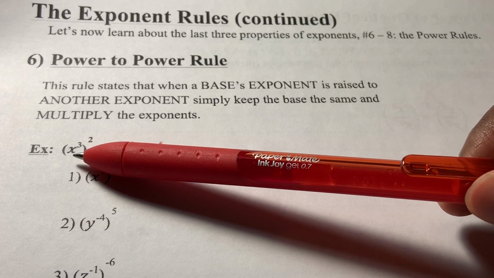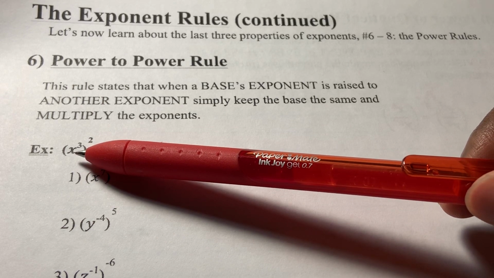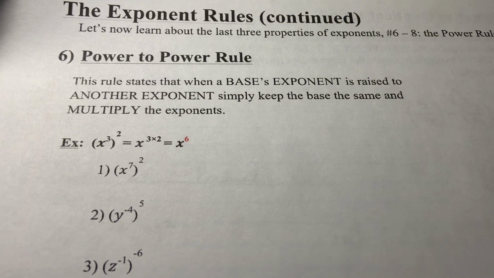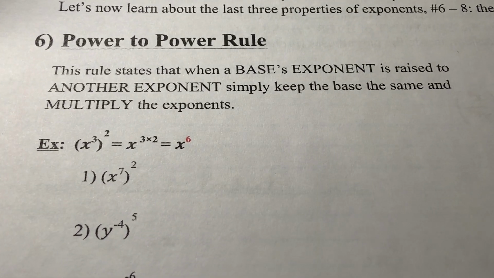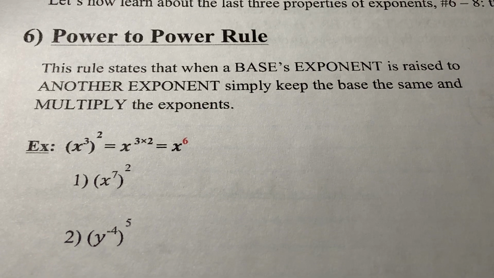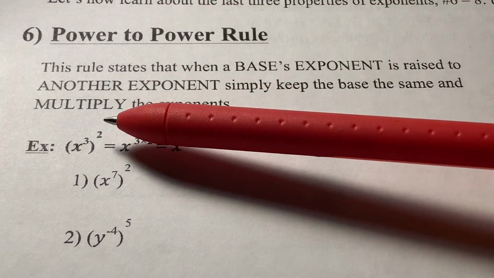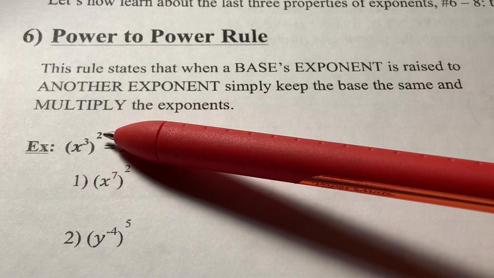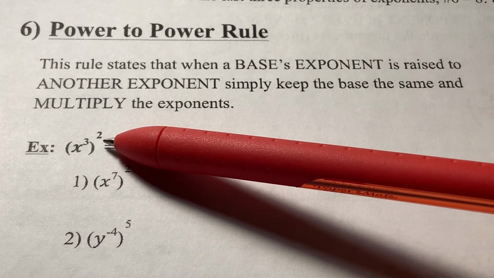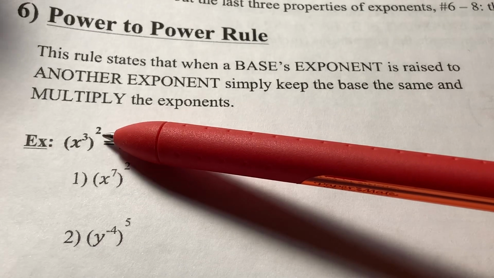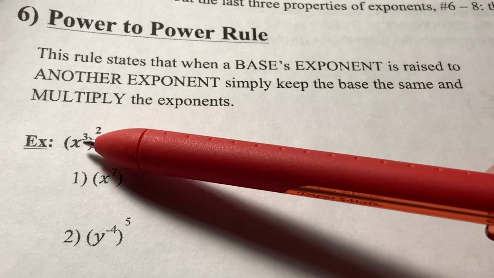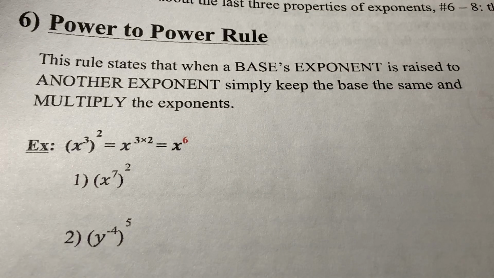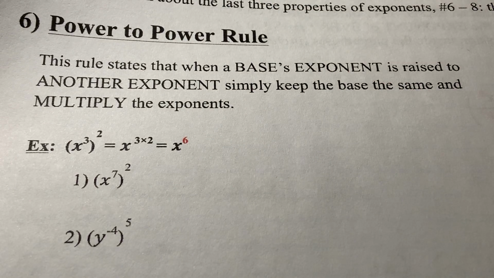In this case, it's a variable base, x. It's raised to the power of 3. Okay, let me zoom in on that a little bit. All right, and it's in parentheses, and there's another exponent outside the parentheses. Okay, so notice in this situation, the base only appears once, unlike the product rule and the quotient rule where you see two bases.